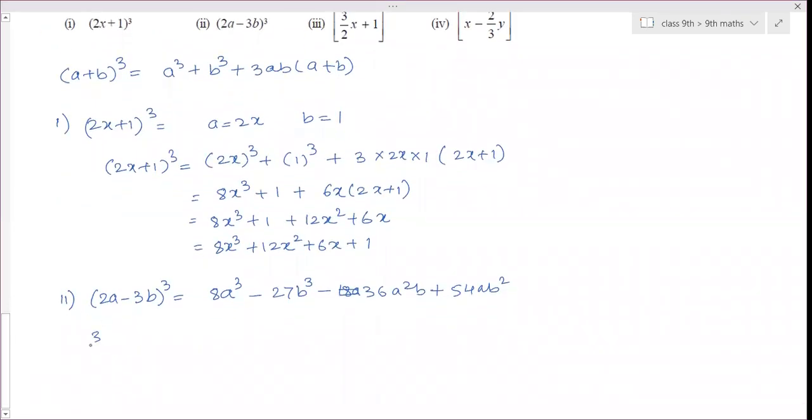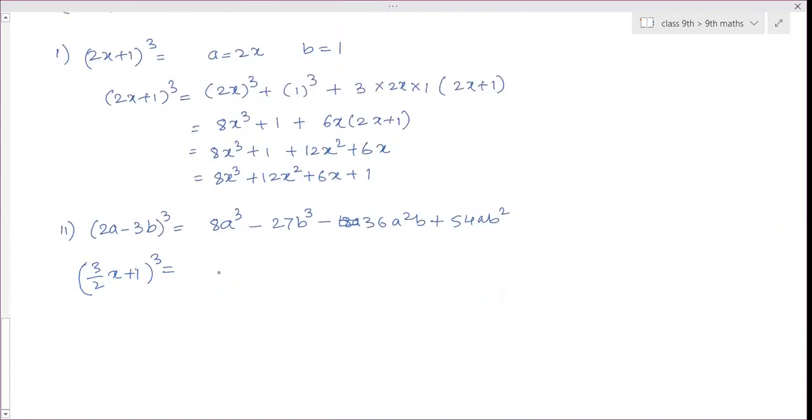3 by 2x plus 1 whole cube is equal to a cube, that is 27 by 8 x cube, plus b cube is 1 cube is 1, plus 3a square b, that is 27x square by 4, plus 3ab square, that is 9 by 2x. Is it right? Yes, ma'am.